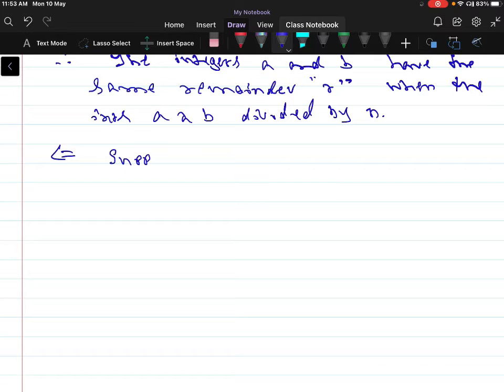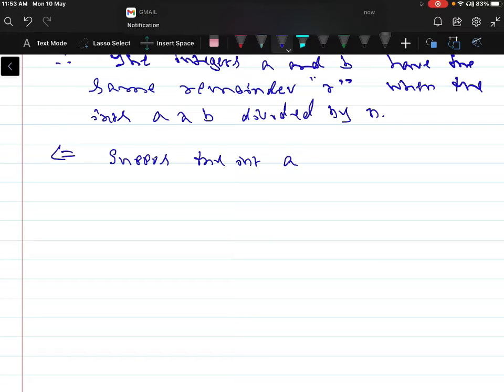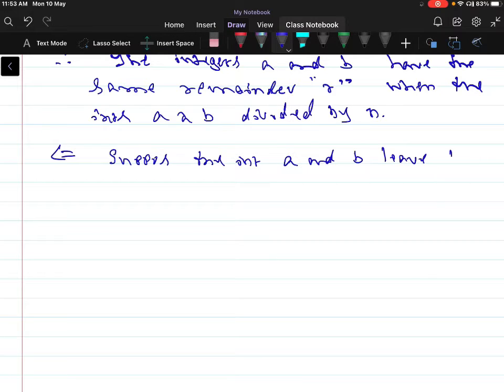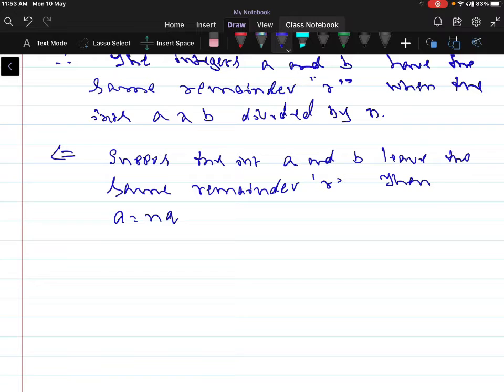Suppose the integers a and b leave the same remainder r, then we can write a as n into q1 plus r and b is equal to n into q2 plus r.